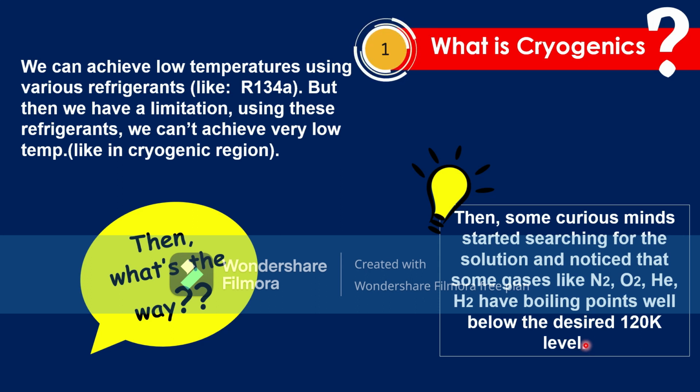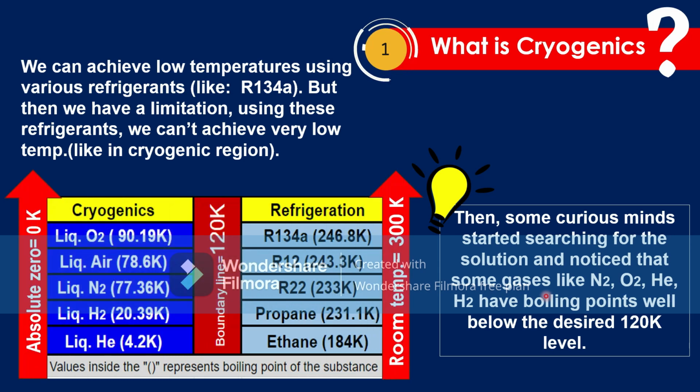So if we want to reach that very low temperature range, we have a way: if we can liquefy these gases, we can achieve those temperatures. Here is a temperature chart for comparison. You can take a screenshot for your reference.